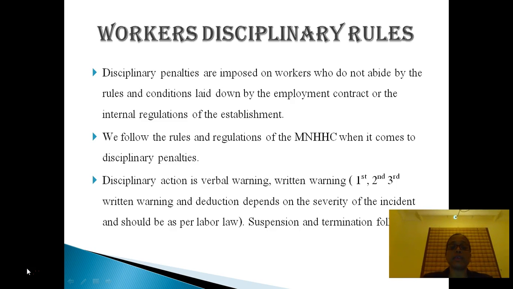Disciplinary actions are a verbal warning, written warning, first, second, and third written warning, and deductions, depending on the severity of the incident and as per the labor law. Suspension and termination follow if incidents occur further.